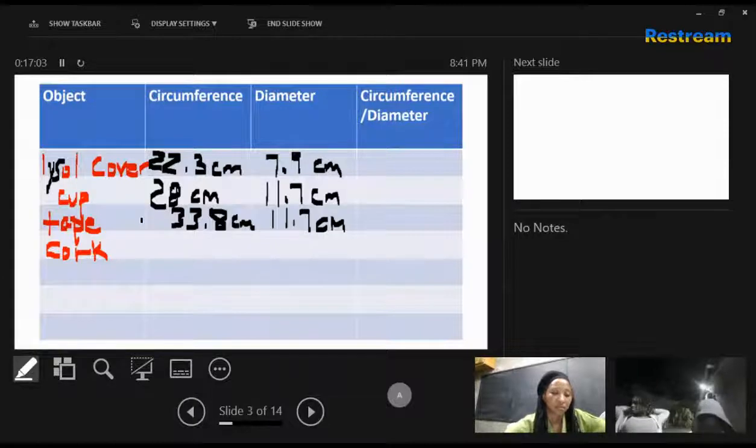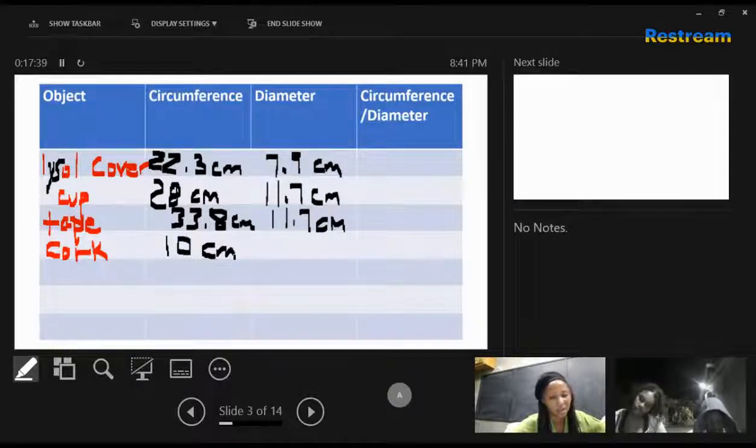Here is the cork. 10 centimeters. And the diameter, 5.